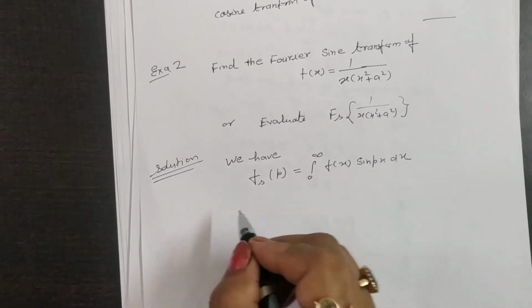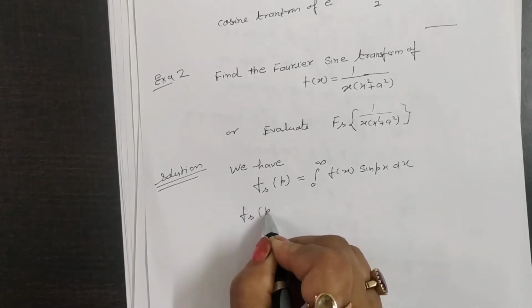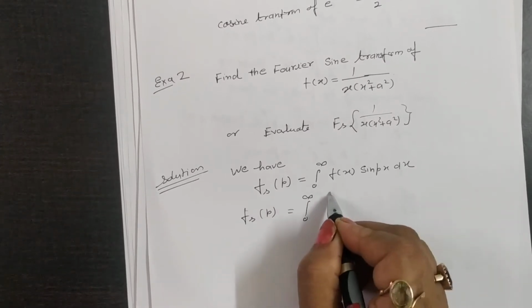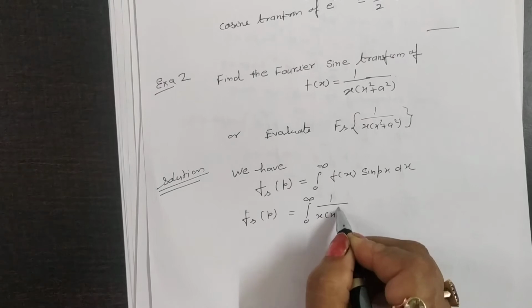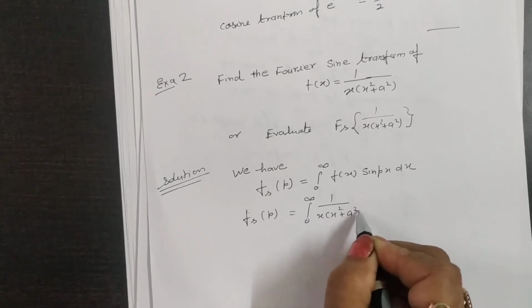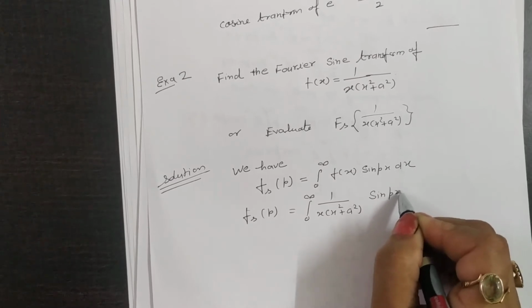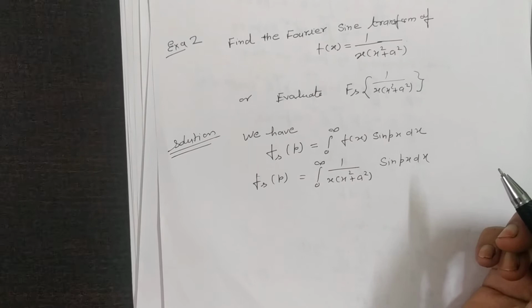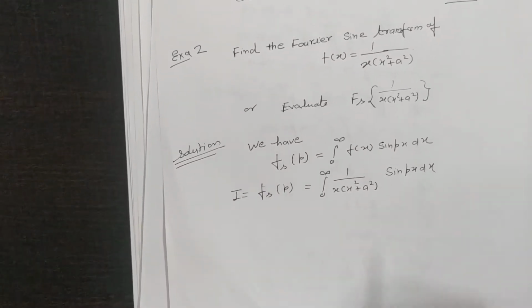According to this, the sine transform of the function given here is the integral from 0 to infinity of 1 by x into x square plus a square, sine px dx. Is that clear? This is the question. Let us suppose that this is I again.